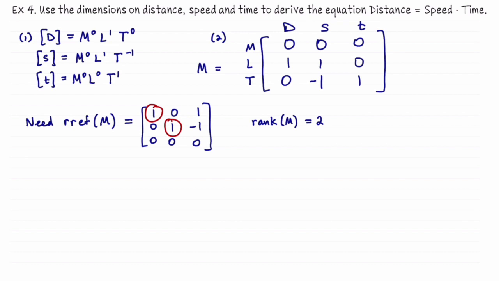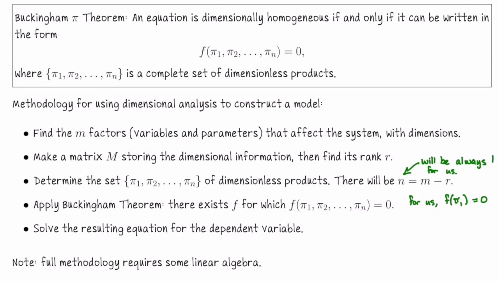If you flip back to the methodology for a second, we started with M equals 3 factors. We found the rank to be 2. So we're looking for 3 minus 2 equals 1 dimensionless products.